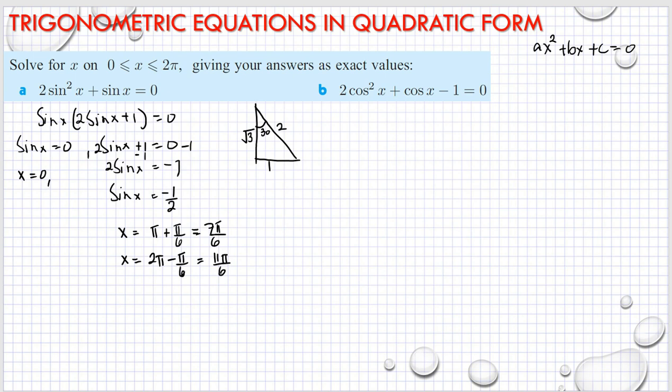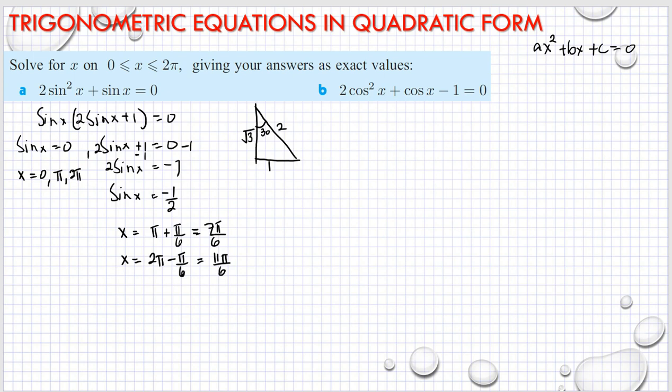Here we have x is equal to 0. Why? Because sine 0 is equal to 0. And when it is 0, we also have pi and 2 pi.